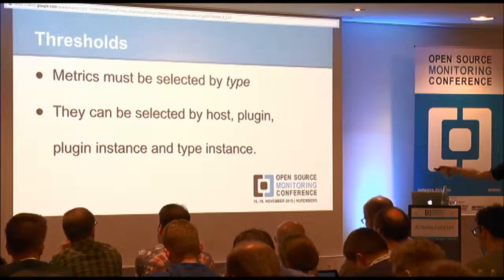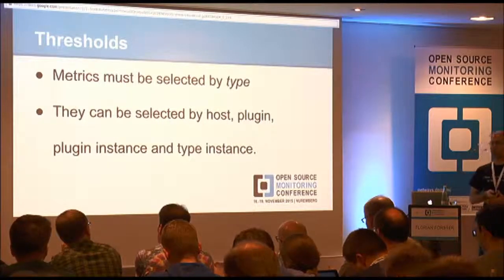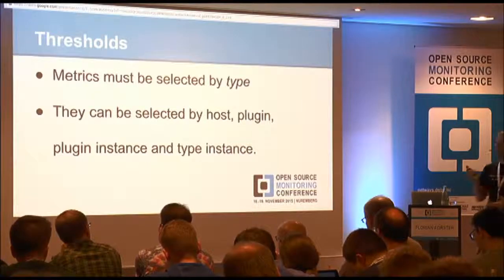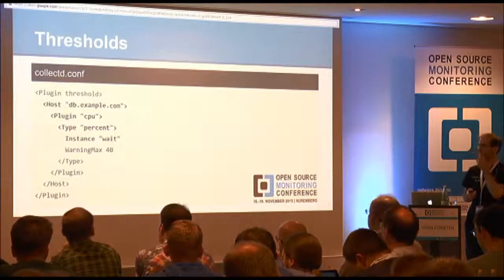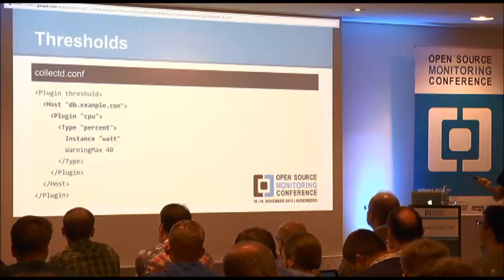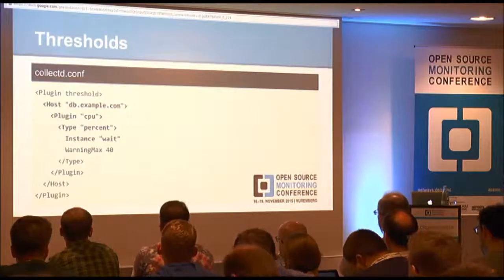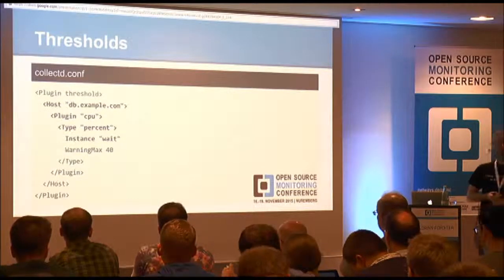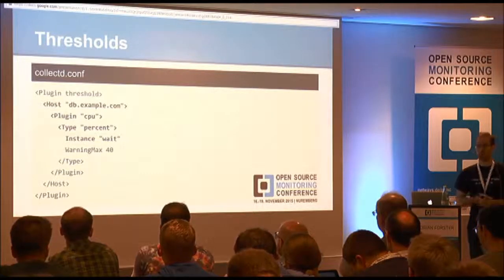You can use, as I said, the other identifying parts as well, the host, plugin, plugin instance, type instance. The type is required, though, to get this going. So this is how this would look in a different scenario where you would select only the I/O weight percentage of the CPU of a fictional database server, for example.